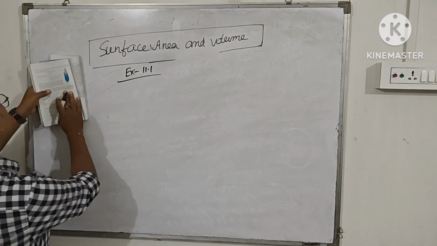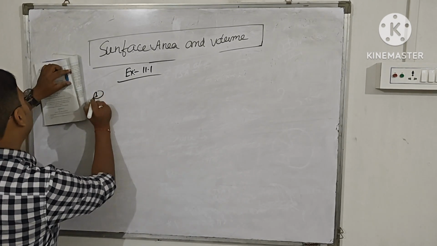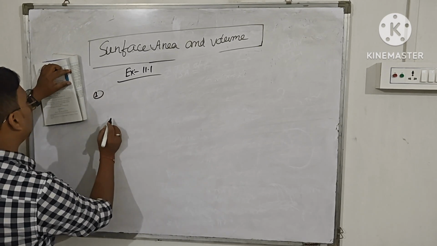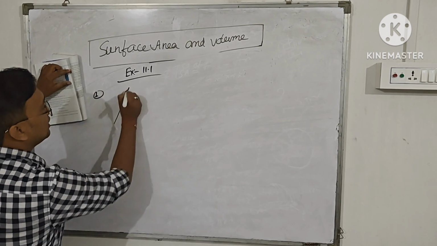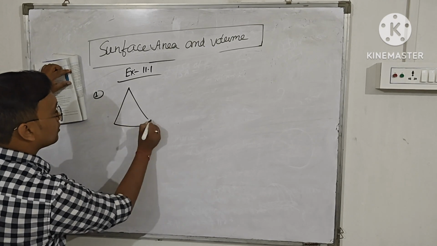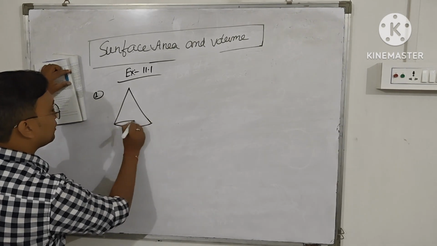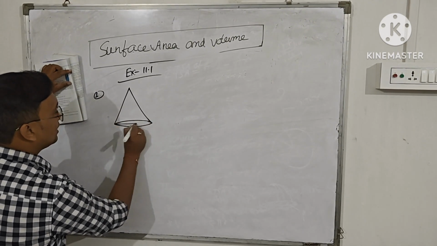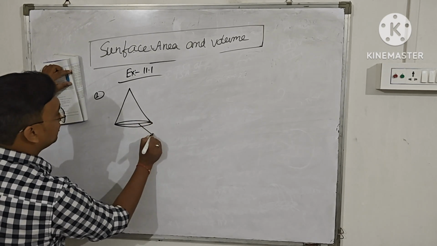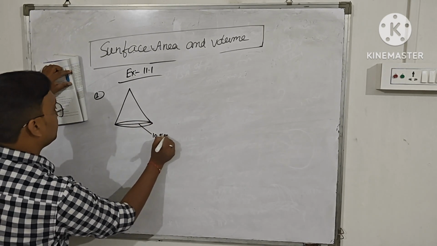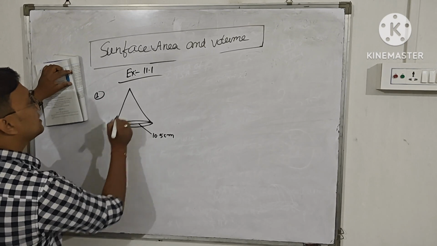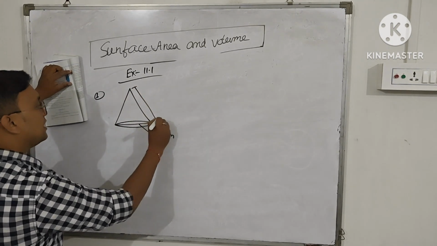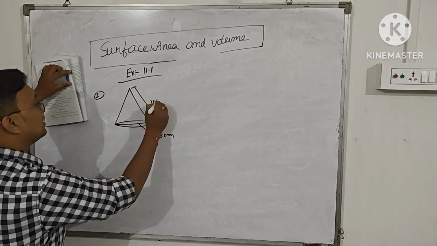So first question says, diameter of the base of a cone is 10.5 centimeter. This is a cone. Let me show you how to implement our formula. This is the diameter of the cone, that is 10.5 centimeter. Slant height is how much? Slant height is also given, that is 10 centimeter.